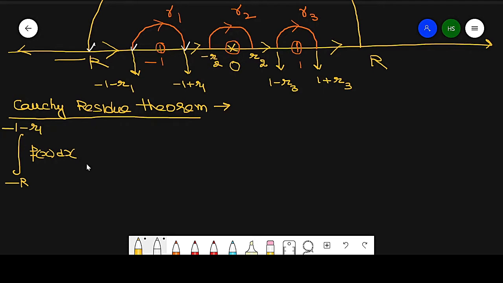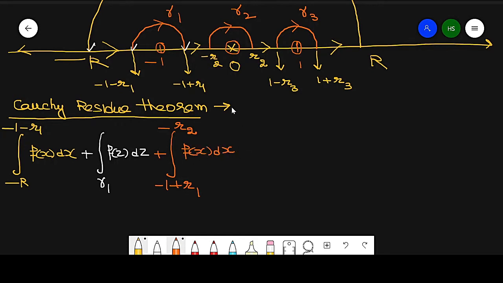Now plus the integration over gamma 1 of f(z) dz, and next plus, from the point minus 1 plus r1 to minus r2, f(x) dx, because it is a real line.